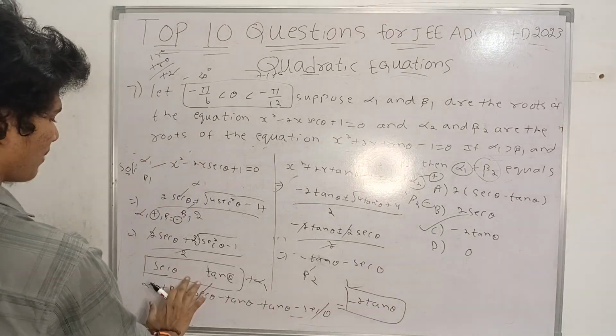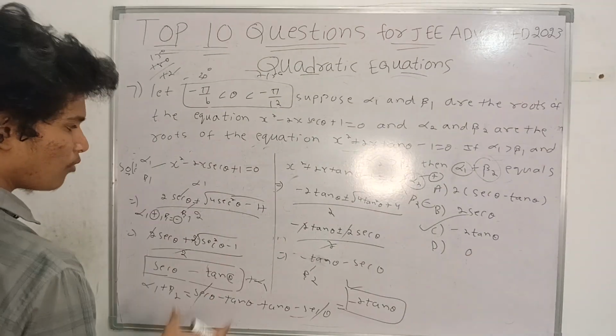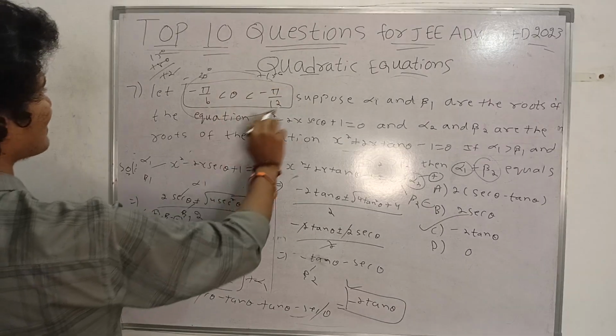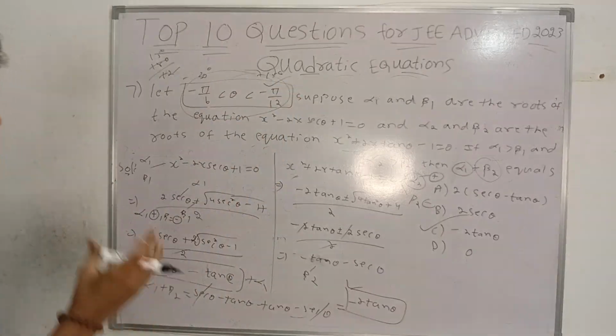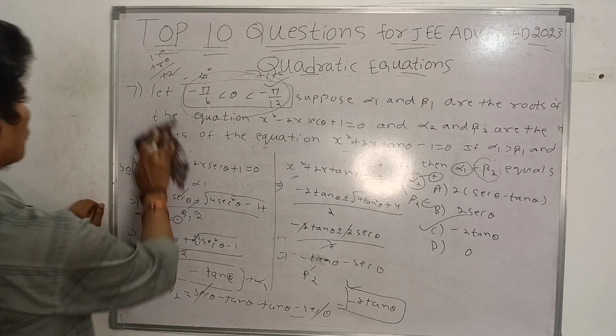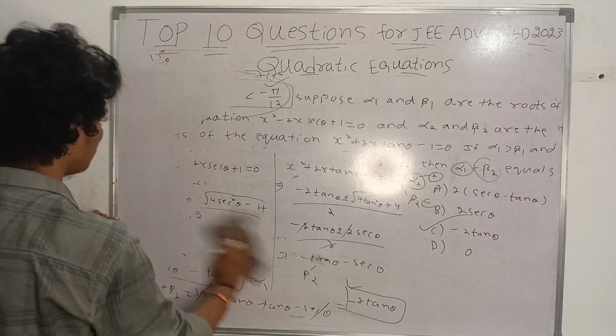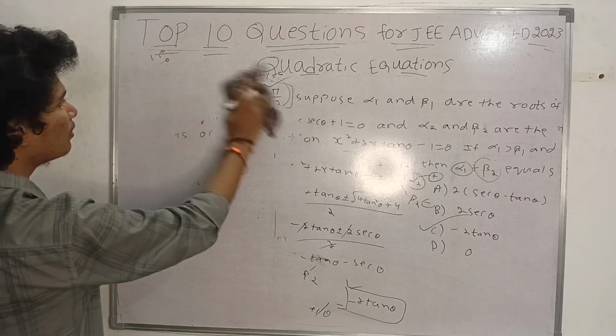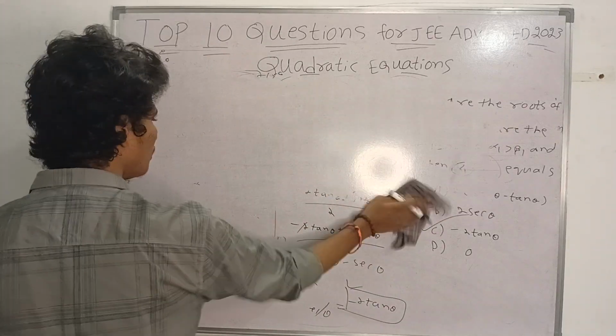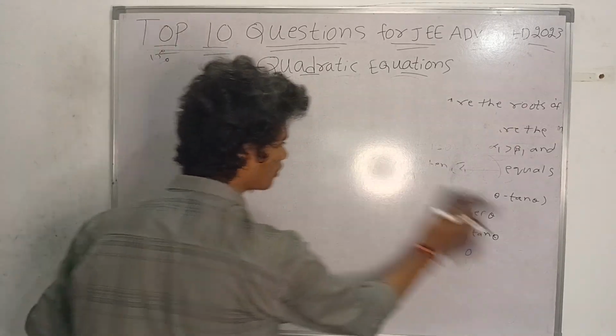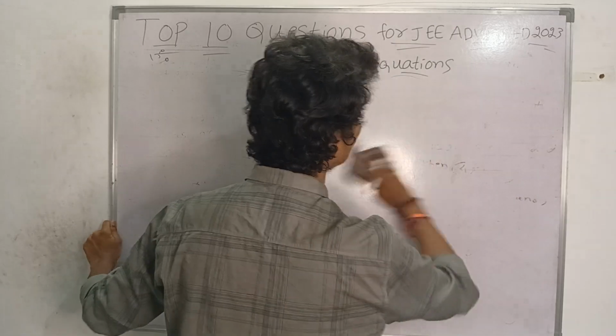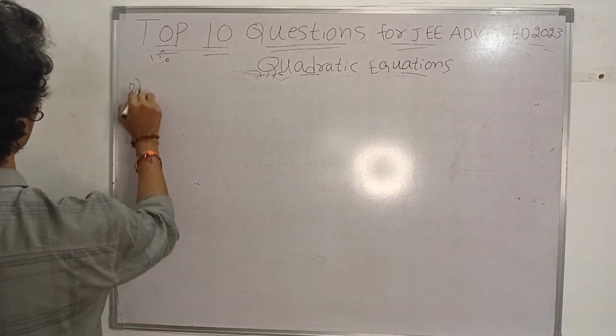So don't make that type of silly mistake. We have to open the mod as negative only, because the range is saying that the mod tan theta is opening as negative. It is very important. This is the 7th question. Now the 8th question.